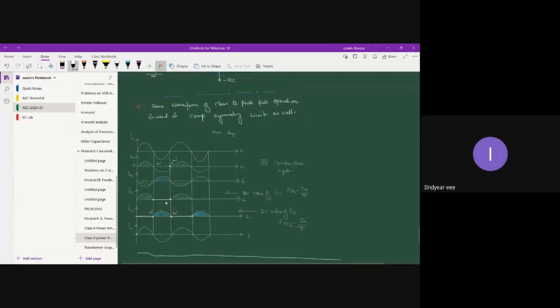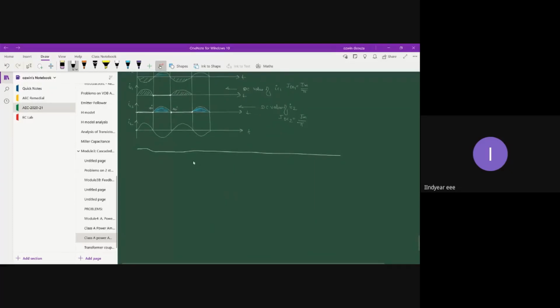But there's a small phenomenon that needs to be understood well in class B operation, and that too it creeps in case of complementary symmetry transistor. That phenomenon is called crossover distortion in class B operation. So far we didn't discuss it because in operation we cannot bring this concept in, as the analysis becomes difficult.